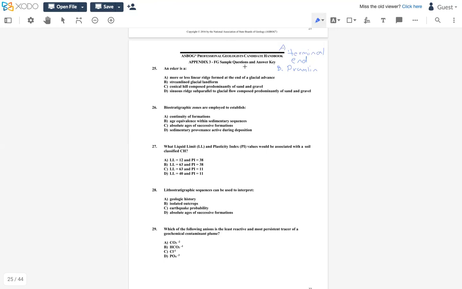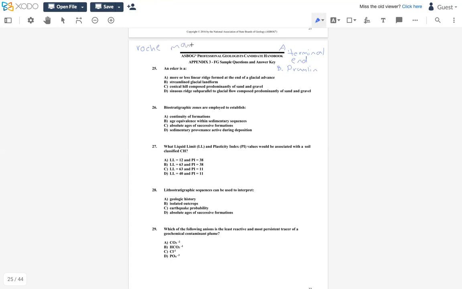Or the smaller hill-ish type thing, which is also a glacially streamlined feature, which is called a roche moutonnée. I'll write that over here just because it's a little bit long. Let's see, I think it's spelled like this.